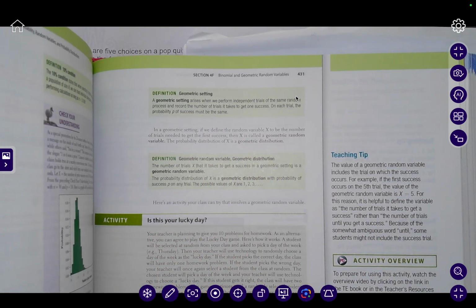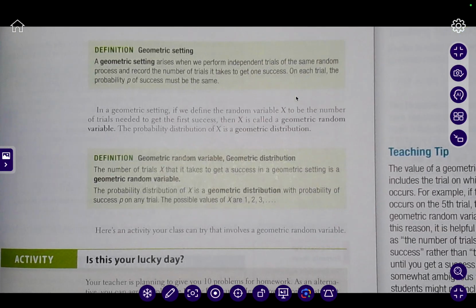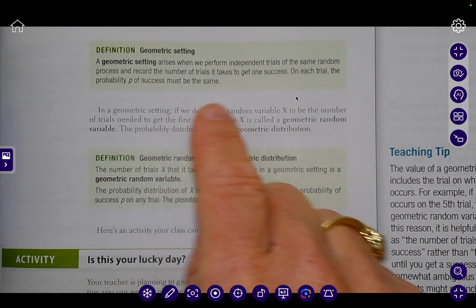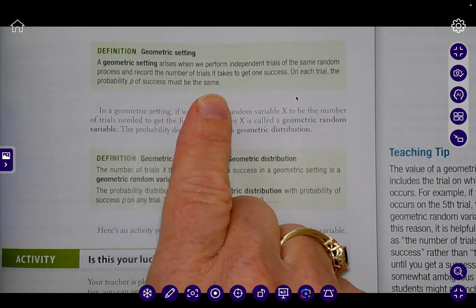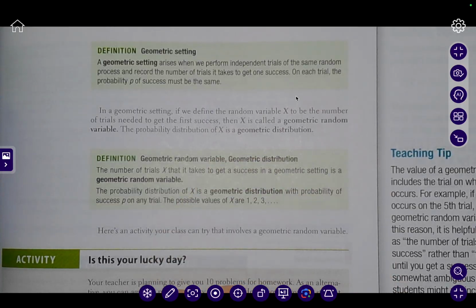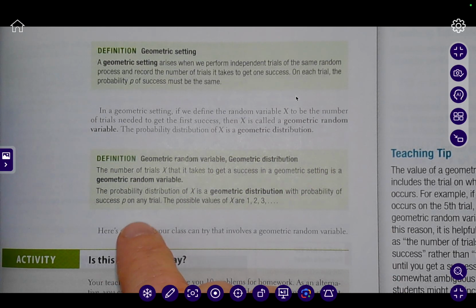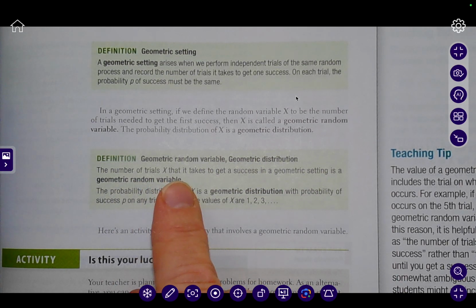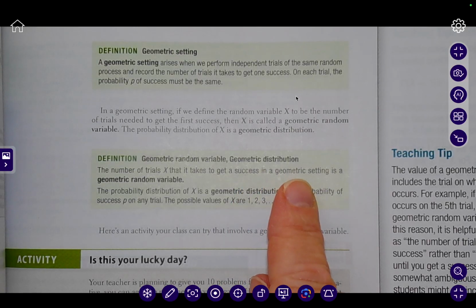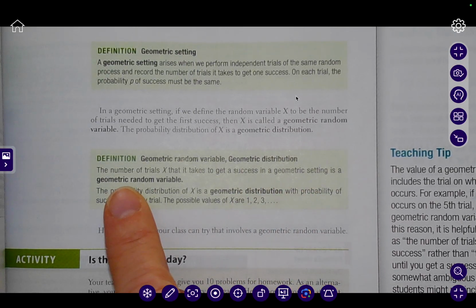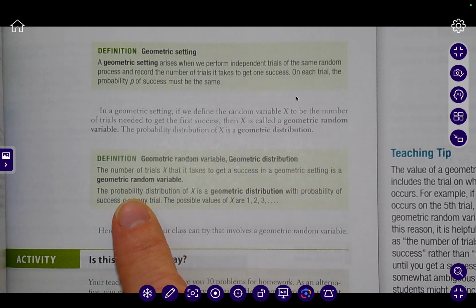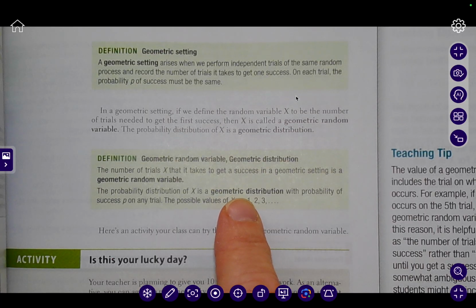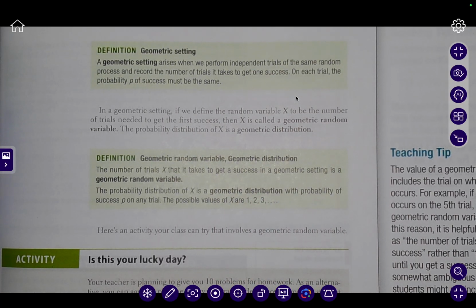It's different because you're looking for when you get your first success. On each trial, the probability of success must remain the same, so you still have that p remaining the same. The number of trials x that it takes to get a success in a geometric setting is a geometric random variable, and the probability distribution of x is a geometric distribution with probability p.